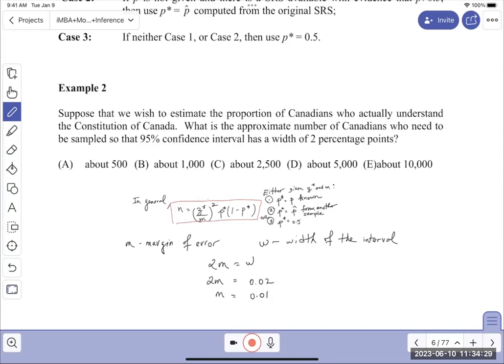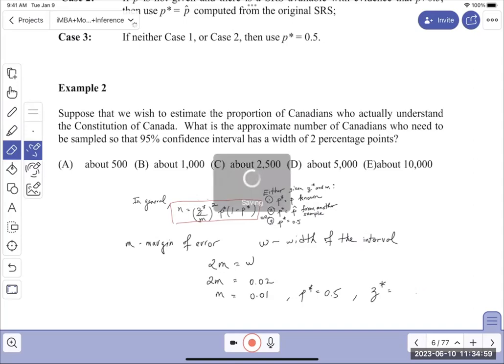Right, so you have to use a P of 50%. And a Z star for 95%, which you will see is 1.645, right? Is it? Hold on. Let's look at the table. 1.960.